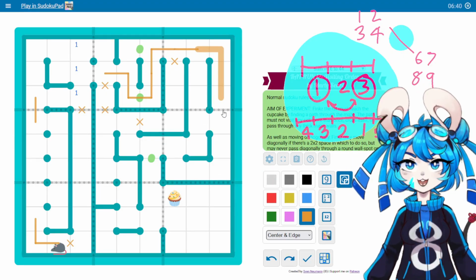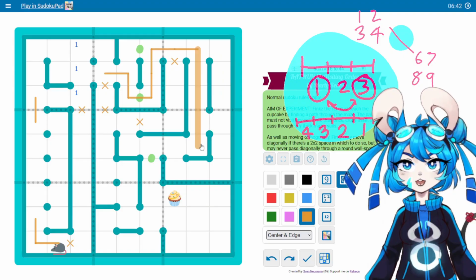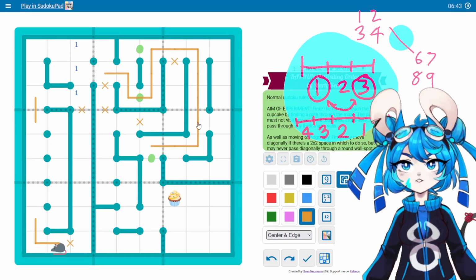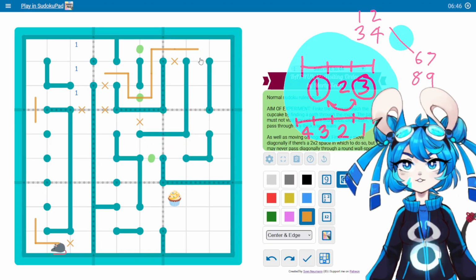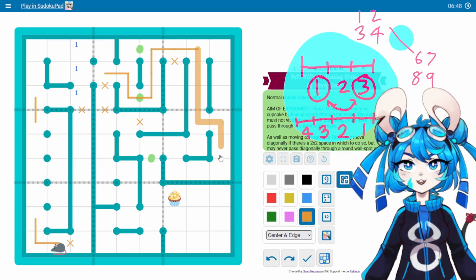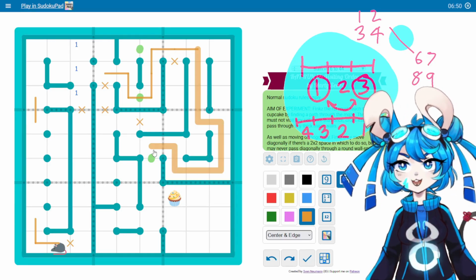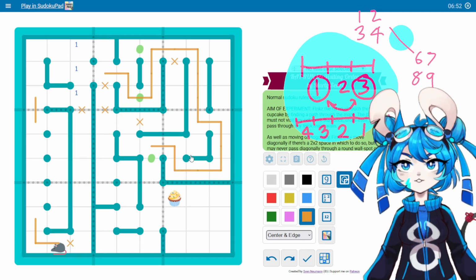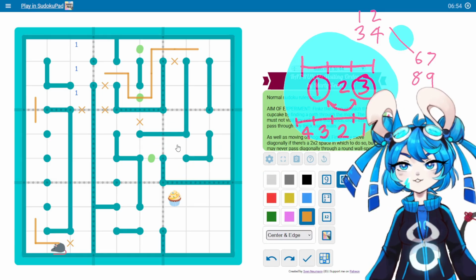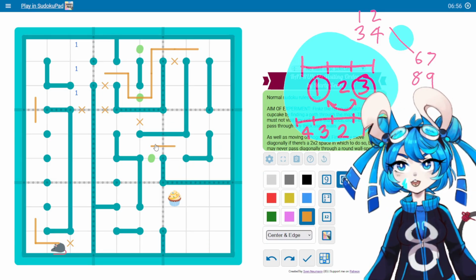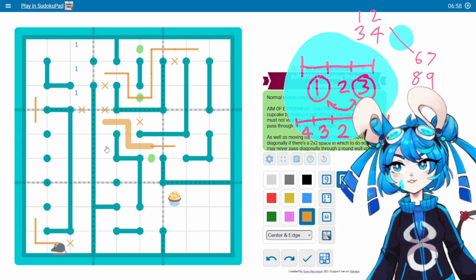It could also, well, actually, it'd be 1, 2, 3, 4, and then 1, 2, 3, but that still doesn't work. But it would be 1, 2, 3, 4, and then 1 through 7, which would be fine. Either way, it has to come out through here, and it can't go down because the line isn't long enough.